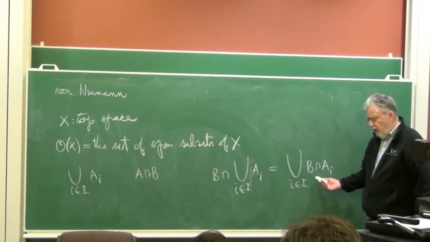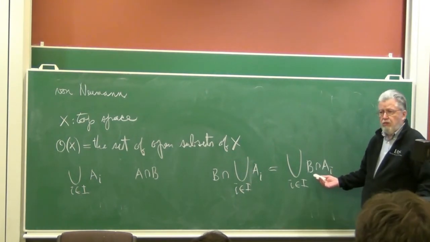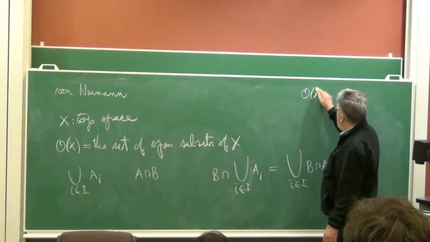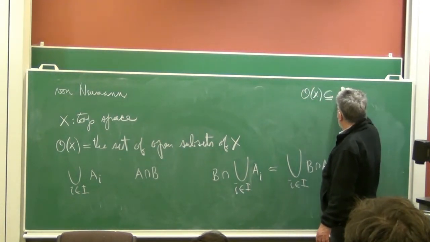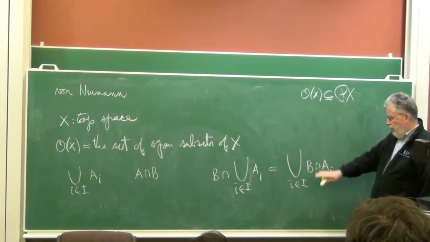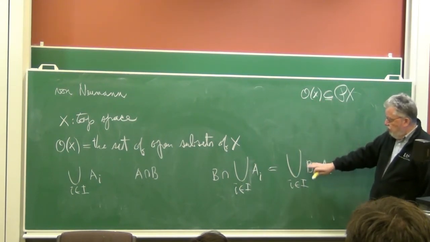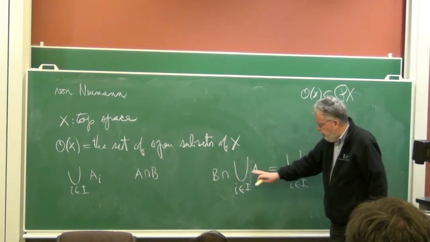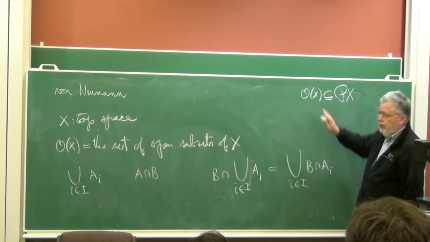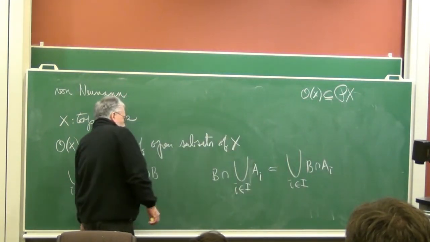That's a distributivity law which is valid among the subsets, the power set. OX is a subset of the power set of X. This distributivity law is valid in PX, but since OX is closed under arbitrary union and finite intersection, the law is inherited by OX itself. So this is the basic idea of von Neumann.